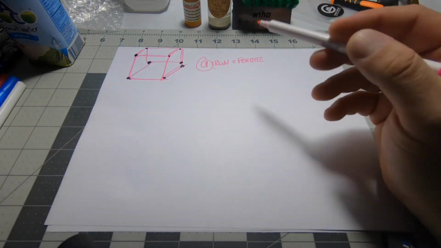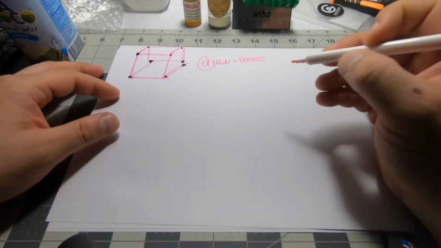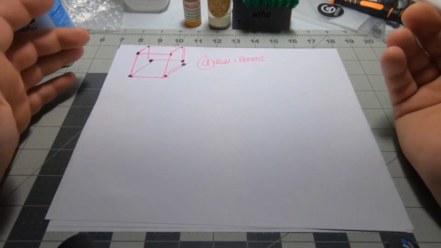And this type of crystal is called a body-centered cubic. What does that mean?